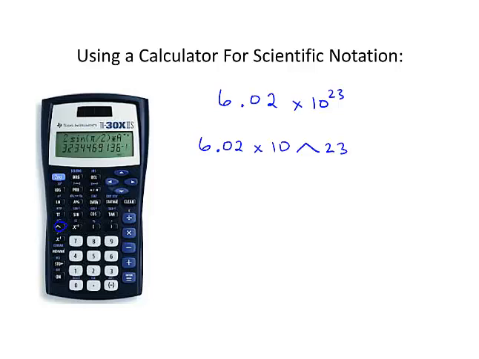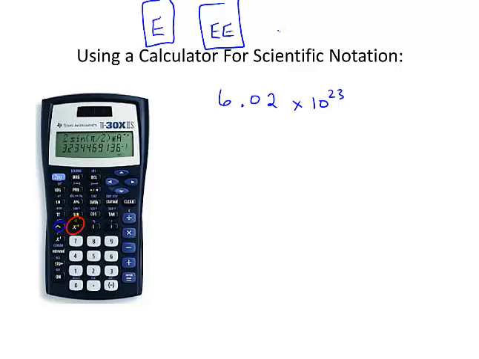The way I'm going to recommend is to use the button labeled either E or labeled EE. On my calculator, it's located as the second function above the x to the minus 1. The button will be labeled either E or maybe EE, or it might be labeled as EXP.